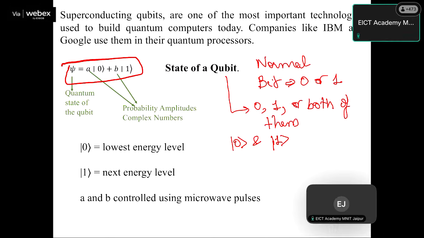And the weights are given by the coefficients A and B. Now these are called the probability amplitudes, and they decide how much percentage of state 0 is present and how much percentage of state 1 is present, that is the highest energy level, and whether it is only the lowest energy level or only the highest energy level.